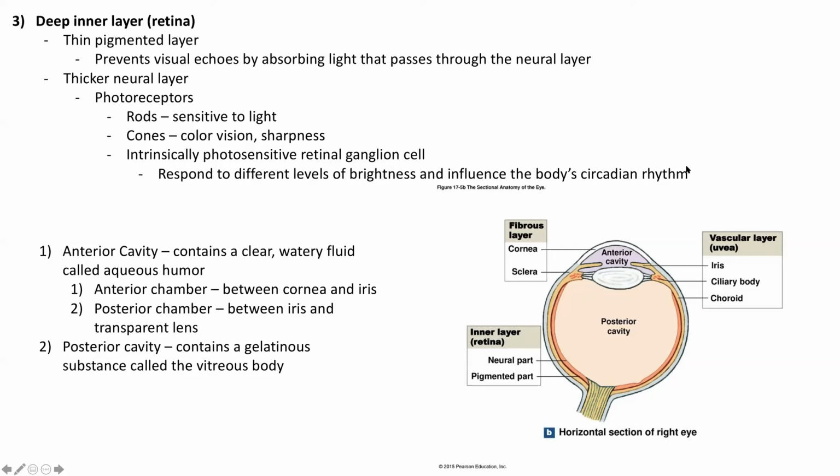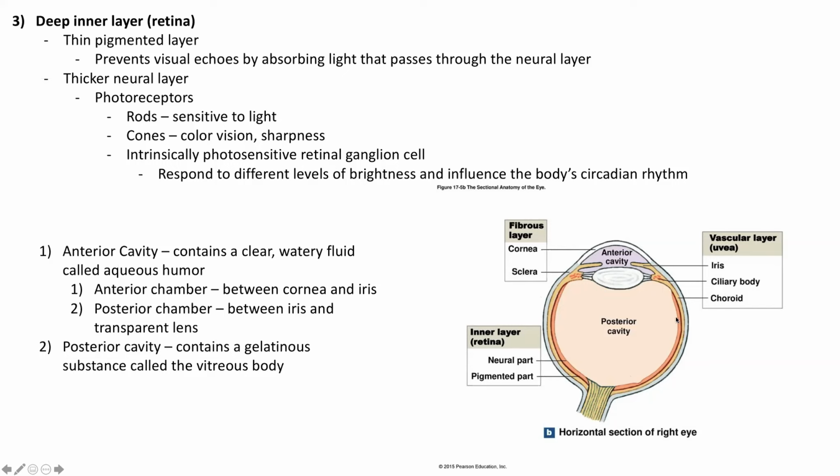So we have the sclera here, and this shows some of the vascular layer. The black part's the pigmented. The white part is the sclera here on the outside. This yellow part here is the choroid and the ciliary body, so that's the vascular layer.